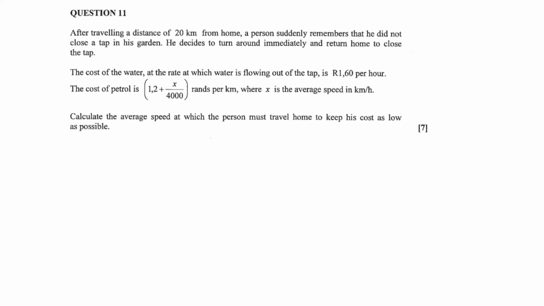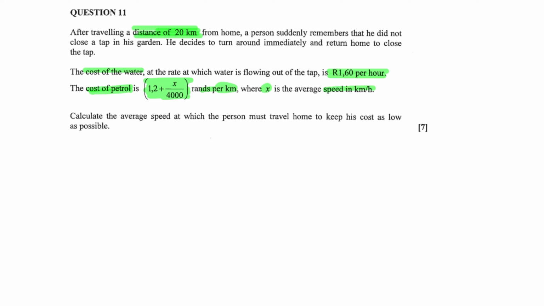So let's just highlight the information that's necessary. The person traveled a distance of 20 kilometers. Then the cost of water is R1.60 per hour, and the cost of petrol is 1.2 plus x over 4,000 rands per kilometer, where x is the average speed.